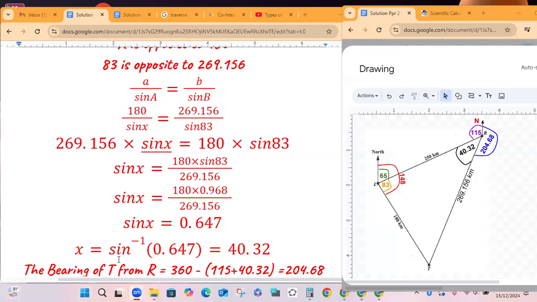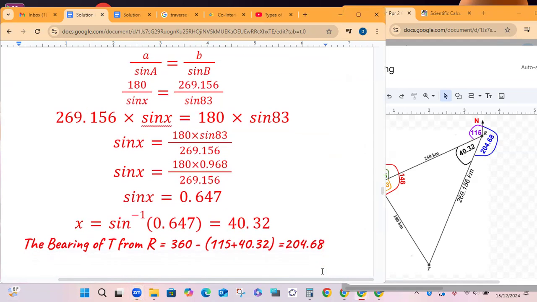So the bearing of T from R is 360. Remember, an entire circle is 360. Subtract the 115 and the 40.32. And that will give us a bearing of 204.68 degrees.